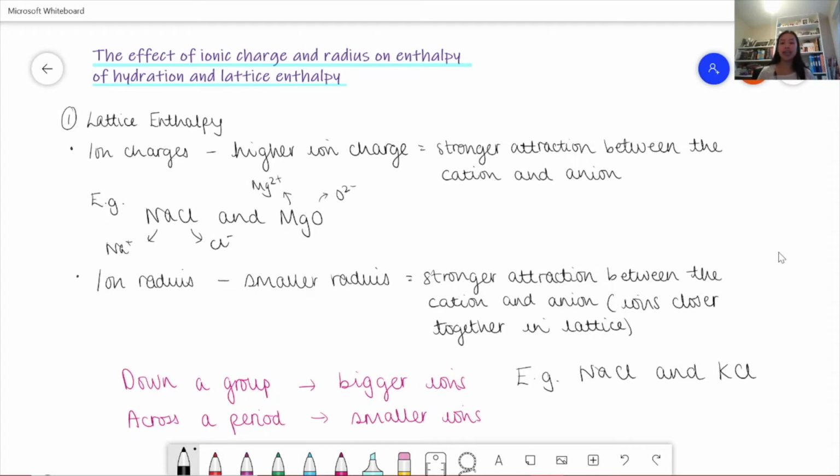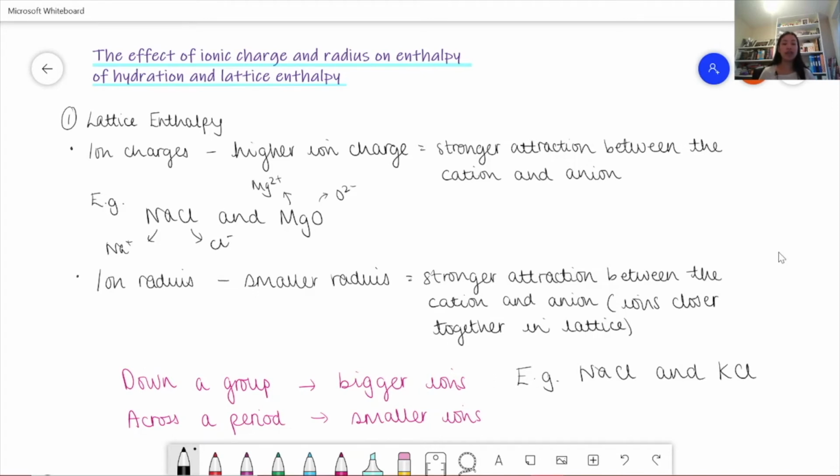And the second factor is ion radius. So if the ions have smaller radii, then there's a stronger attraction between the cation and the anion again. And so down a group, the ions get bigger, and across a period, the ions get smaller.